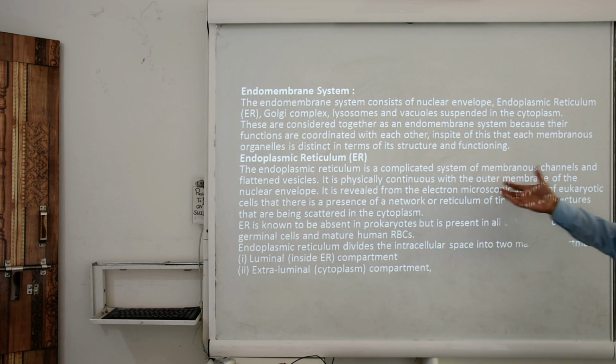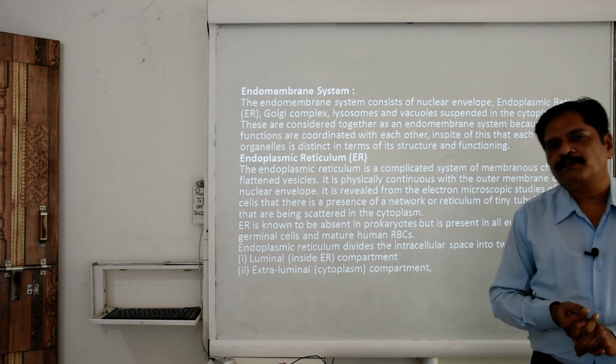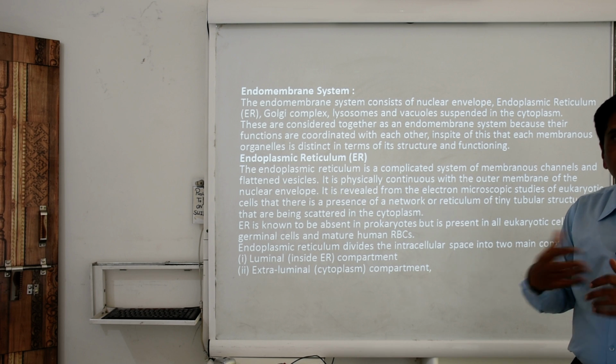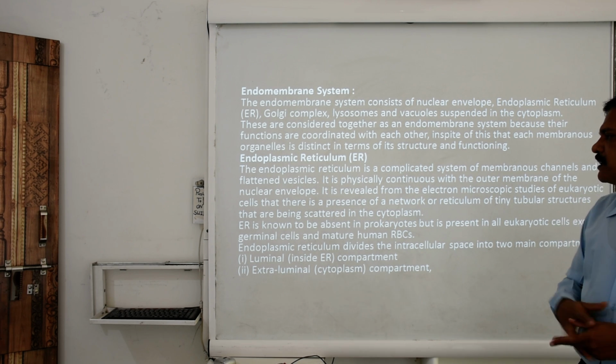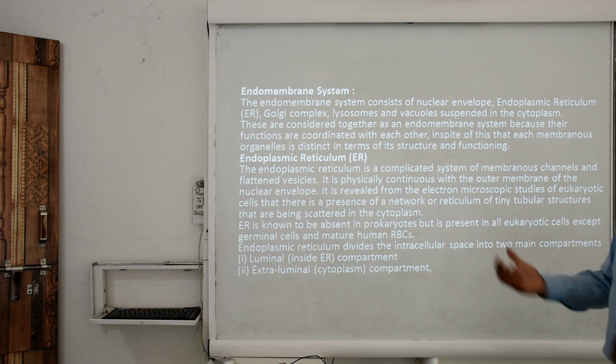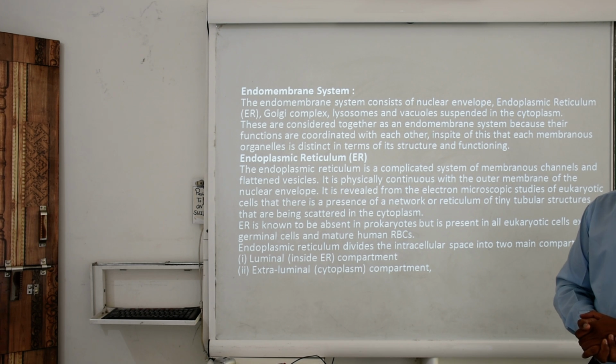Basically we observe that it is a double membranous structure, clear, which is absent in prokaryotic organisms, and it is even absent in human RBCs also, clear.